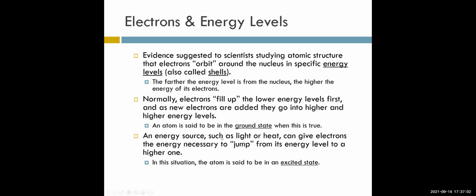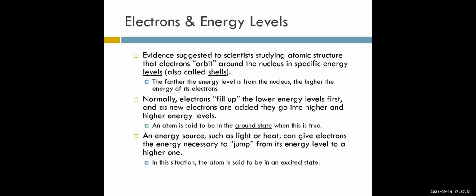If we add energy to that atom, either through light or heating, the electrons will gain energy and can jump from one of the energy levels or shells to one of the shells further out. In other words, if an electron is in the first shell, it could jump to the second shell, the third shell, the fourth shell, etc. One that is further away.